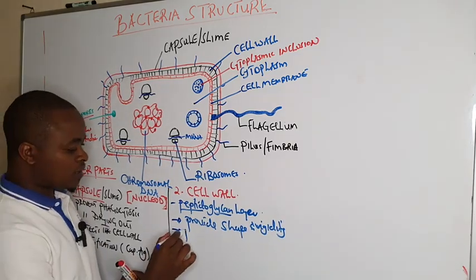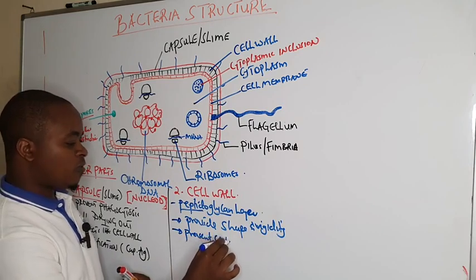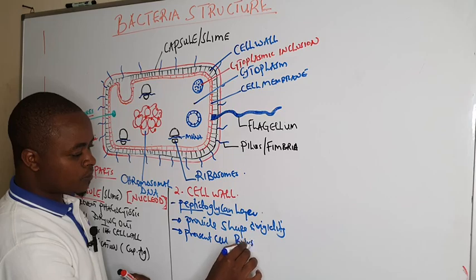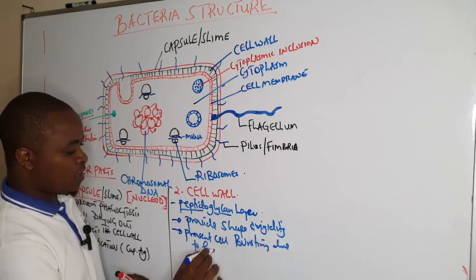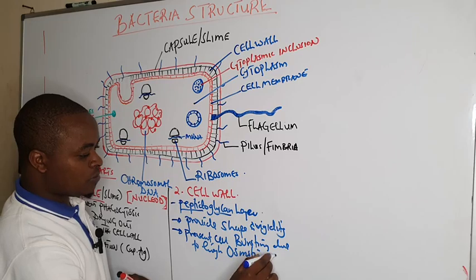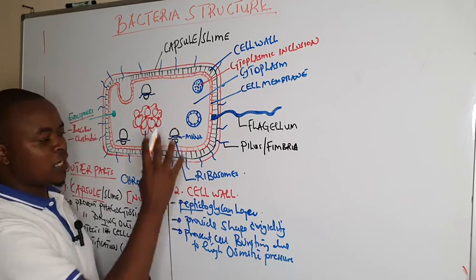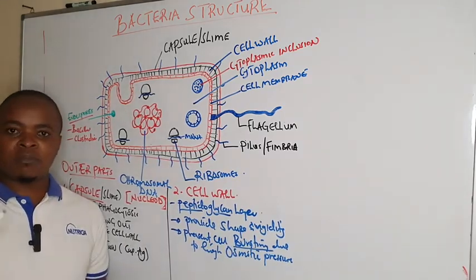So we are going to say that it prevents the cell from bursting due to high osmotic pressure. When there is a buildup of osmotic pressure within the cytoplasm, it is prevented from bursting by the presence of the rigid cell wall.